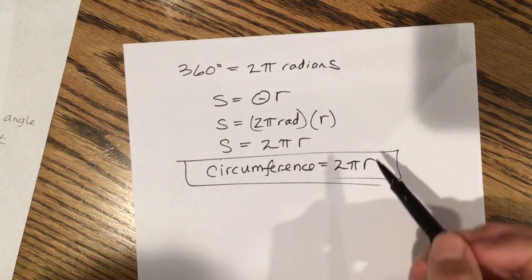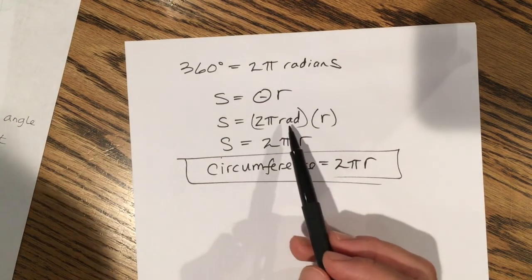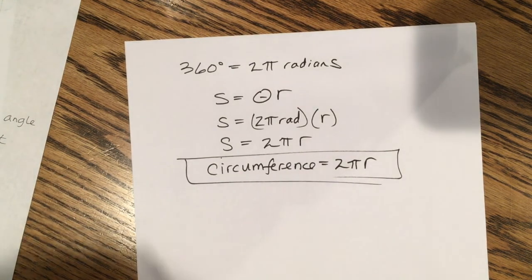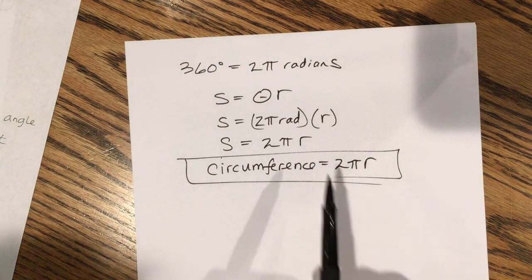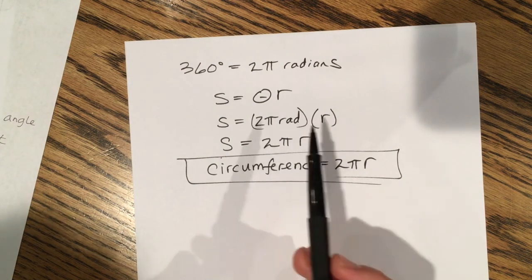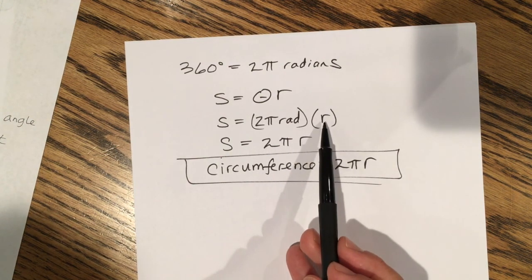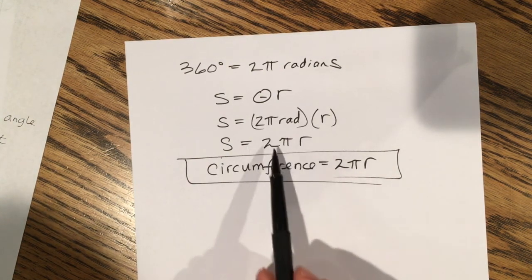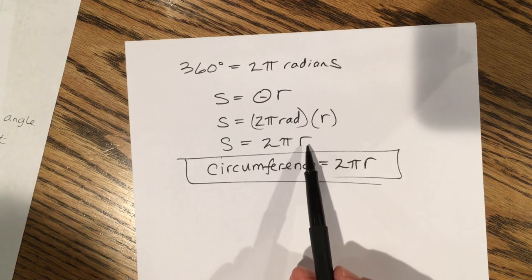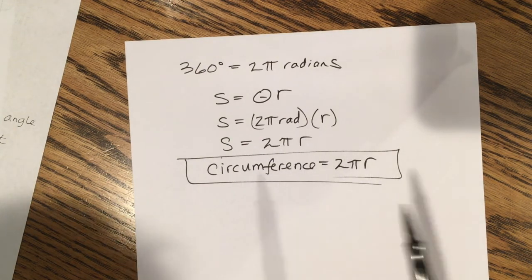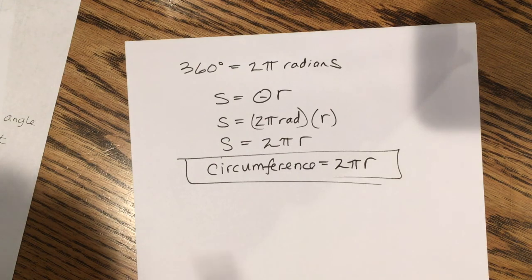And I guess one thing that you might say, well, what happened to the unit radians? Radians is a little bit like a shadow unit here where it just kind of goes away. And we multiplied by meters, so we are left with 2 pi times some amount of meters because it's a radius, a distance.